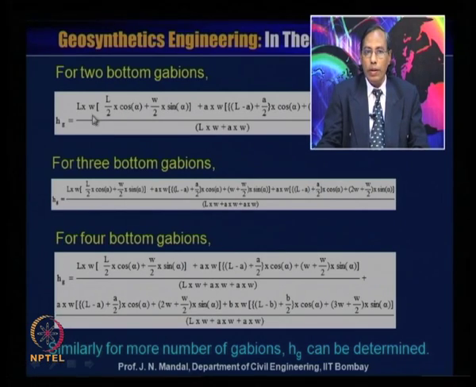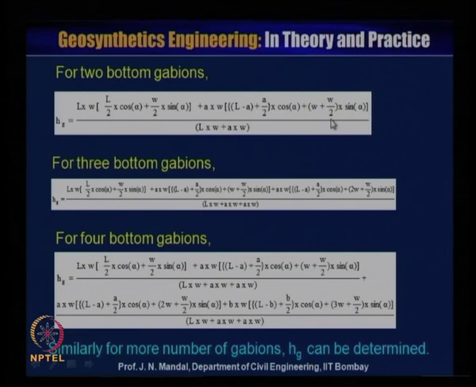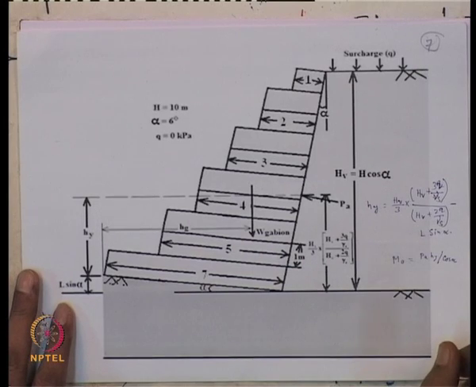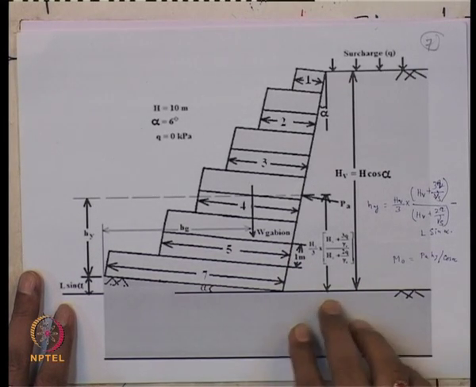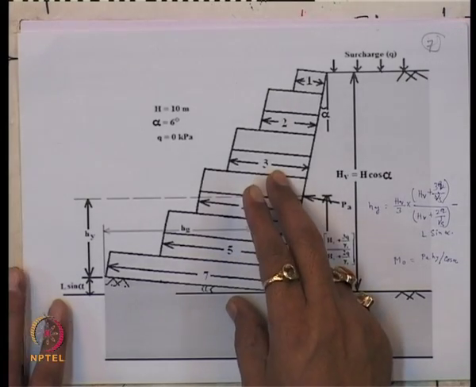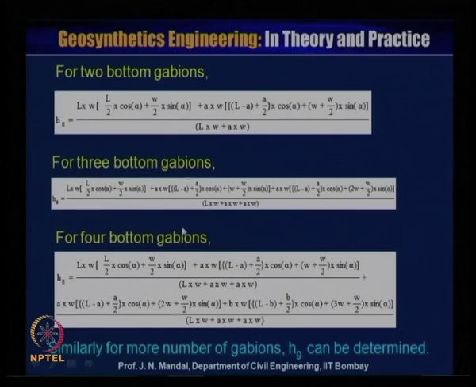This is L, this is width W, so you know L squared cos alpha plus W by 2 into sin alpha, plus A into W into L minus A plus A by 2 into cos alpha plus W by 2 into sin alpha, divided by L into W plus A into W. So like this for a 2 gabion wall, from the geometry of the gabion you can calculate the Hg value for the 2 bottom, or for the 3 bottom or for the 4 bottom gabions.